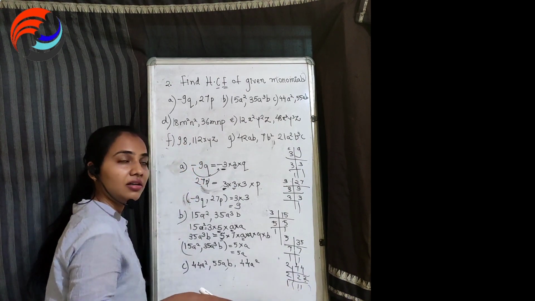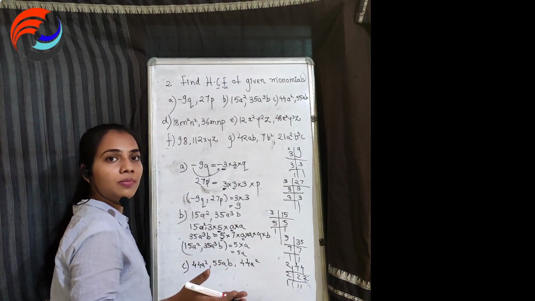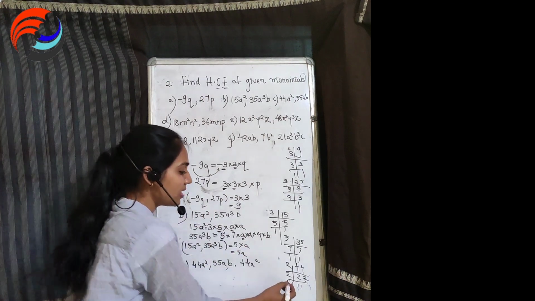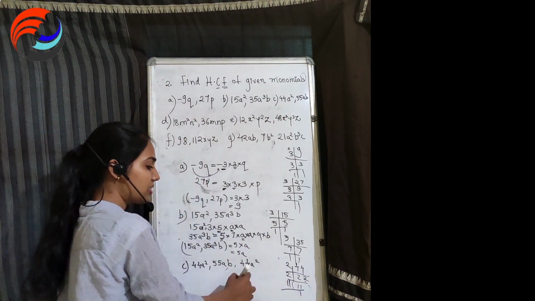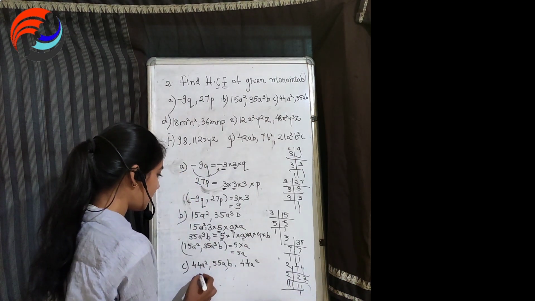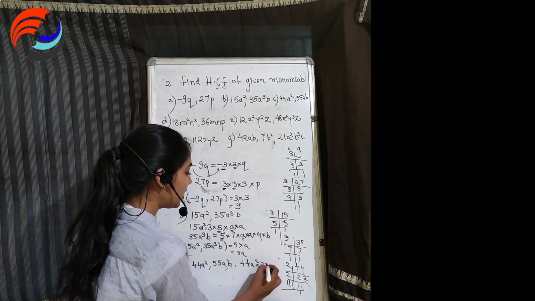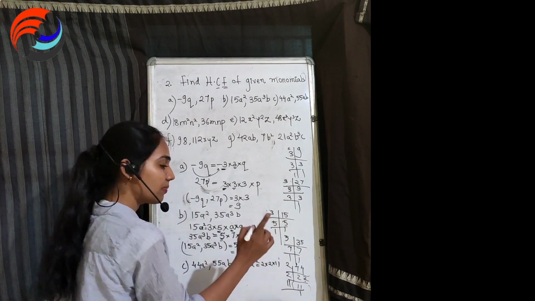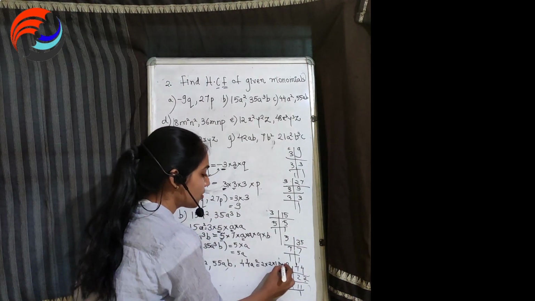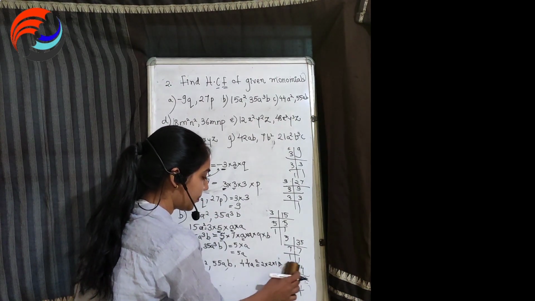We can't divide 11 by any of the numbers, so we directly divide 11 by itself. So 11 1s are 11, because it's prime. So 44 a square can be written as 2 multiply 2 multiply 11, a having power 2, so a multiply a.